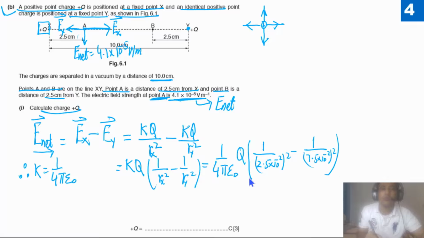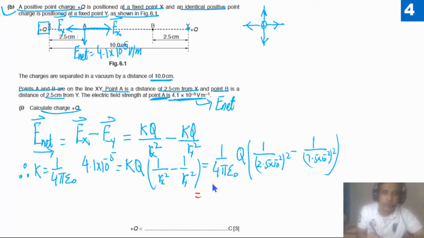Now if we solve this, we will get the final answer, because the value of E net is given. We can plug in its value, that is 4.1 times 10 to the minus 5. So let me plug in the value of E as well.